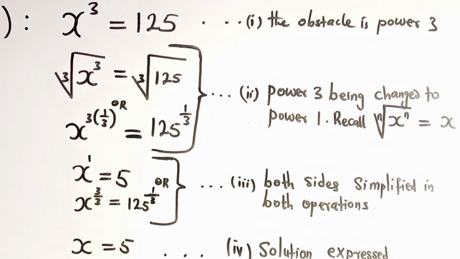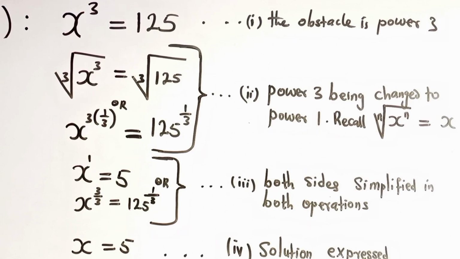Again, we ask, how do we clear this obstacle? That is, how do we make this power 3 become power 1? Again, I want to inform you that there are two different methods that have been identified so far. The first method is to find the root of that variable raised to the power something and do it to both sides of the equation.